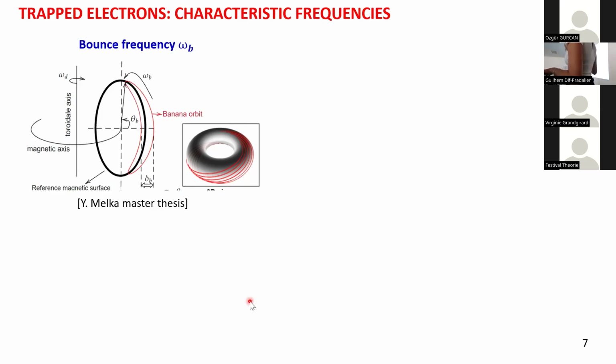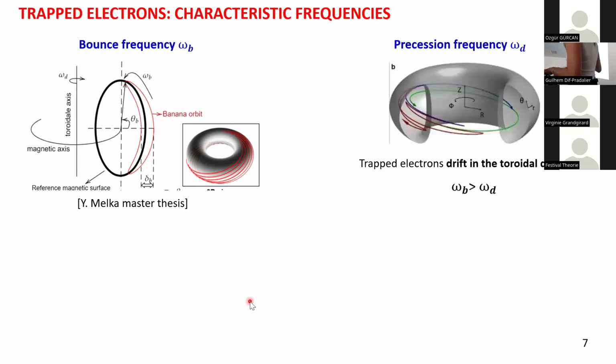Then another frequency is omega d, called the precession frequency, and it is related to the drifts of the particles in the toroidal direction, with a certain frequency omega d. And omega b, the bounce frequency, is higher than omega d.